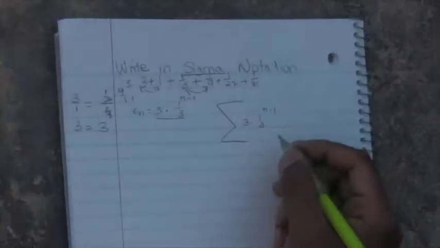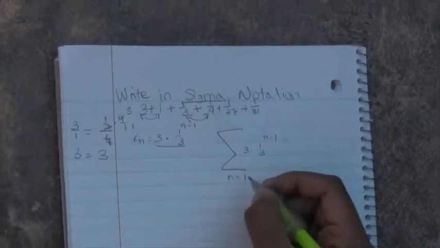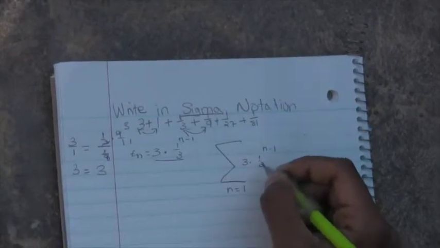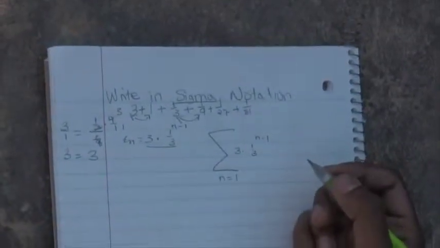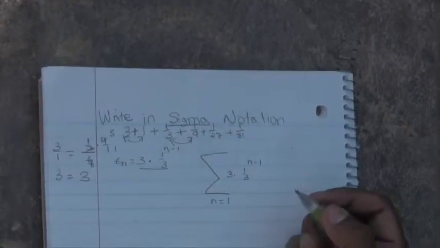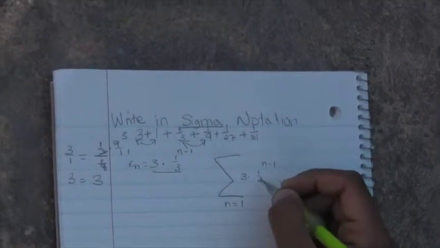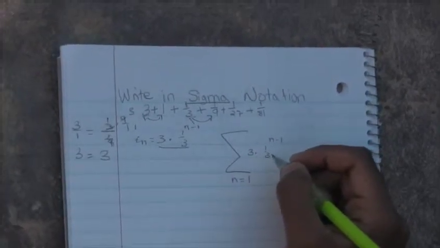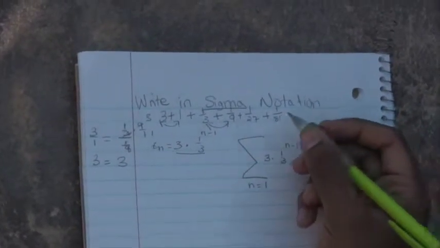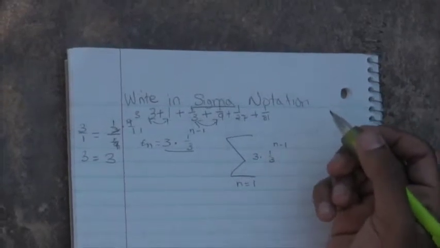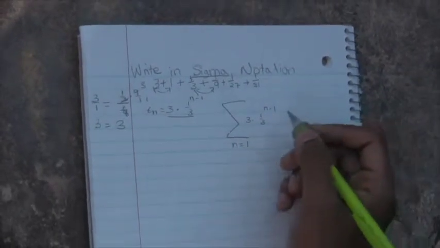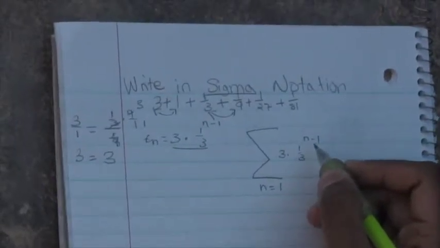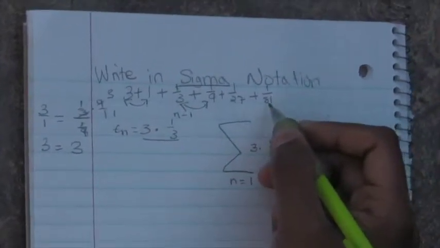Alright? So n is going to start out with 1, because 1 minus 1 is 0. 1/3 to the 0 is equal to 1. 3 times 1 is 3. That's going to be our first term. So now we have to figure out what 3 times what to the 1/3 is going to give me 1/81. So basically, I'm going to plug in some number into here, and it's going to give me 1/81.